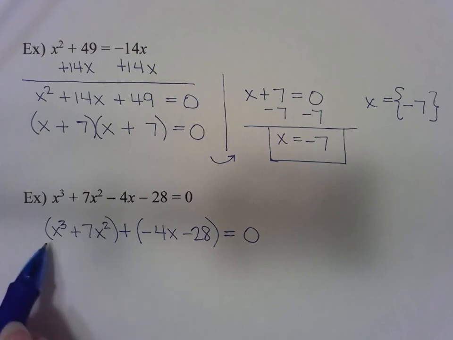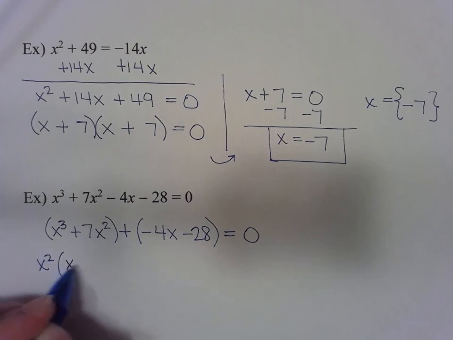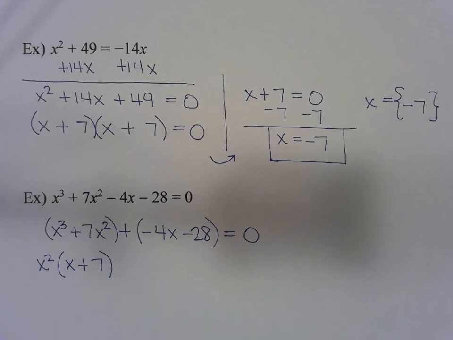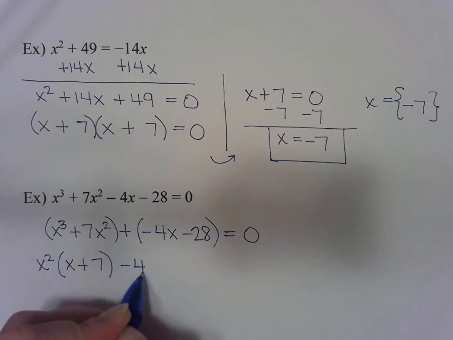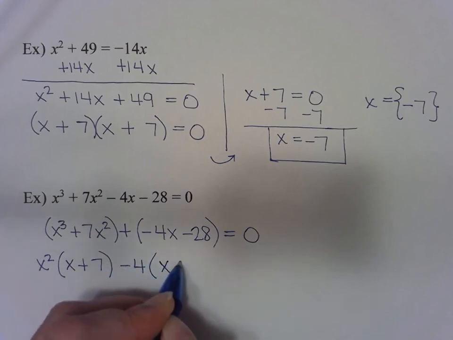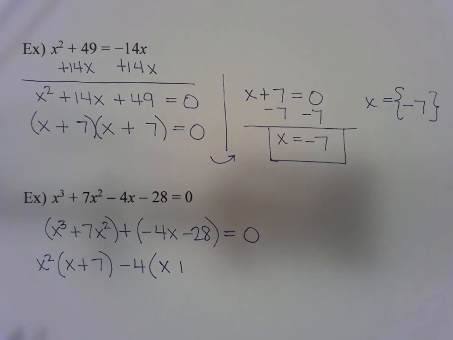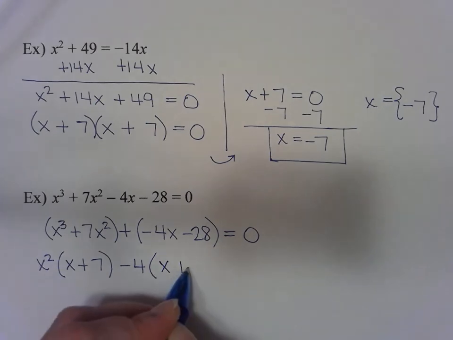The GCF for the first pair would be x squared. The GCF for the second pair would be -4.